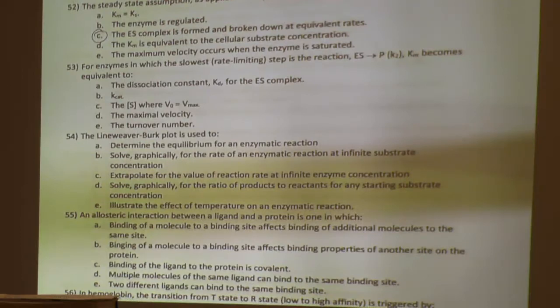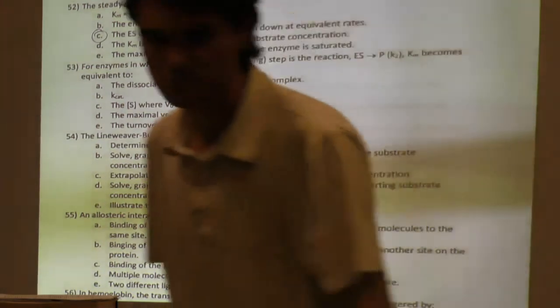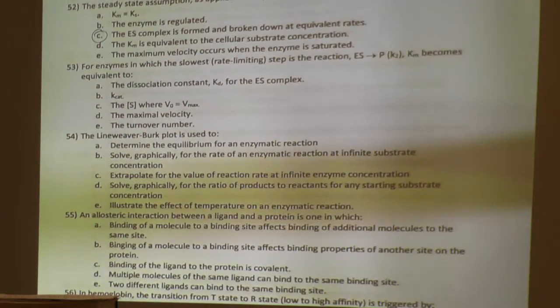For enzymes in which the slowest rate-limiting step is the reaction enzyme substrate to product, Km becomes equivalent to what? A, I heard some A's. It is A.